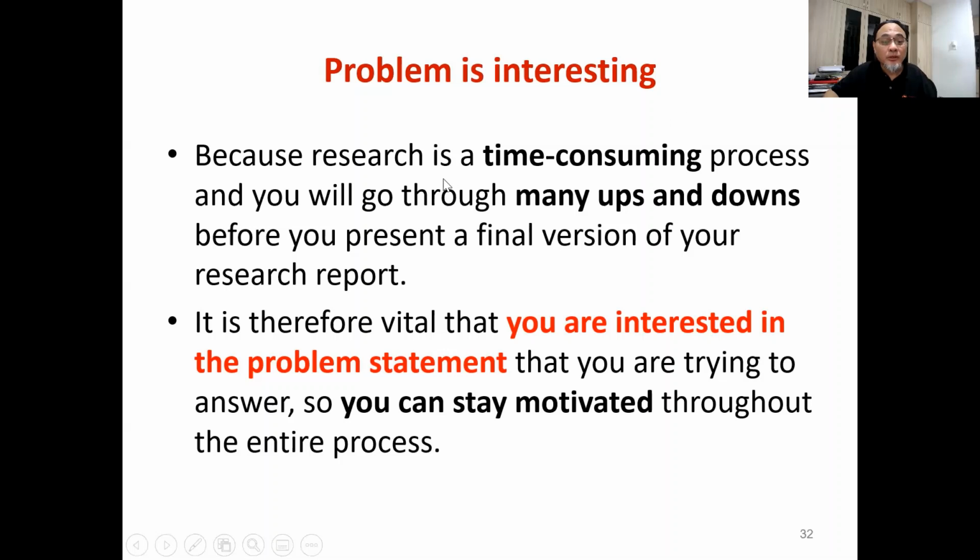Okay. Because it is time consuming, you will go through many ups and downs before you present the final version of your research report. That is common. There's no one person who actually writes a first draft and gets everything right, unless he has already done the work before and is just submitting whatever he has written.